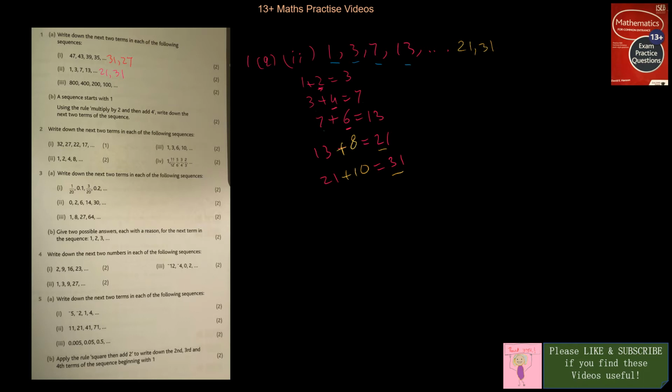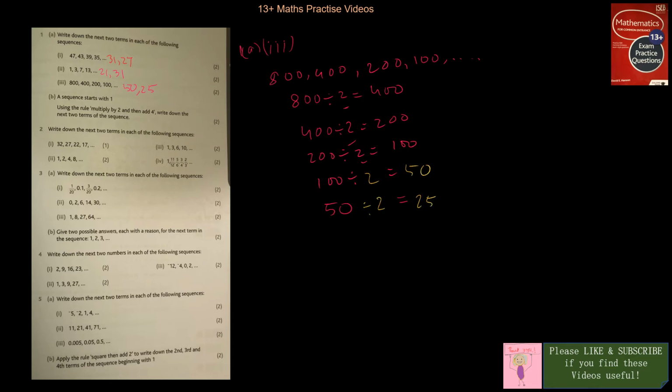What is happening is, this is a list of even numbers: 2, 4, 6, 8, 10. If you had to do more, you would be doing plus 12 and so on. So the next numbers are going to be 21 and 31. So that's what I've done.